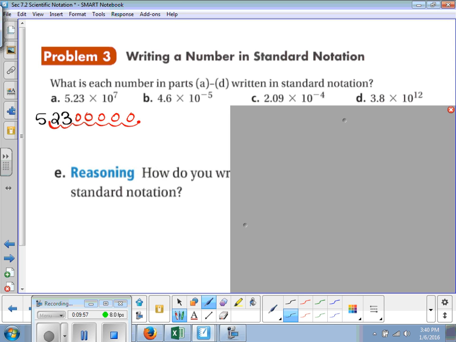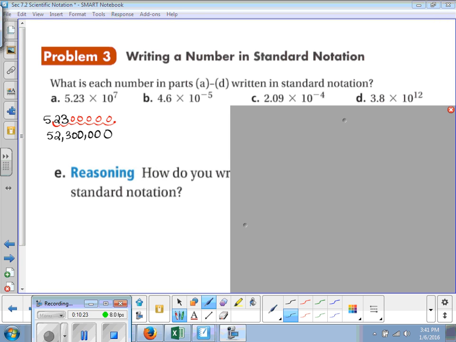And when you put the commas in the number, we start from the back, not the front. So this is going to be 52,300,000. Got it?